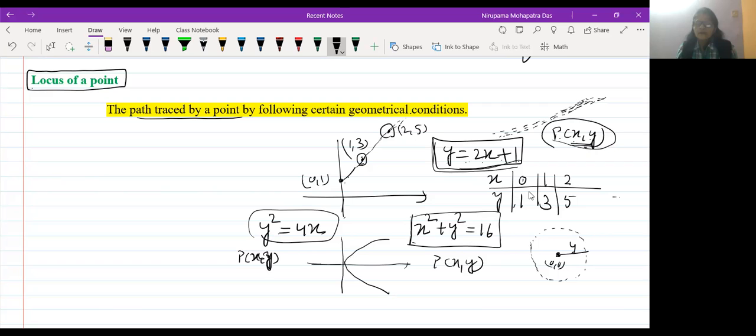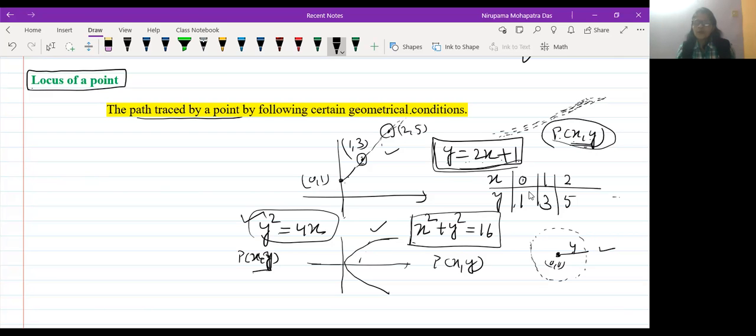So I have taken three cases: one is a straight line, here is a parabola, and here is a circle. In all the cases, these curves are paths traced by the points following certain geometrical conditions. We call the locus of this point, in this case, a parabola.